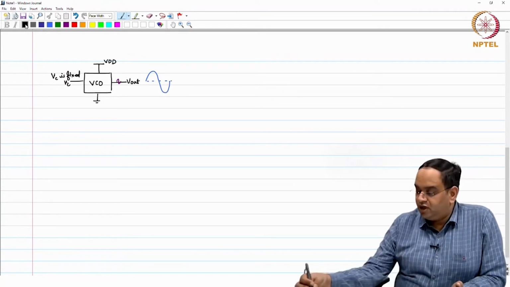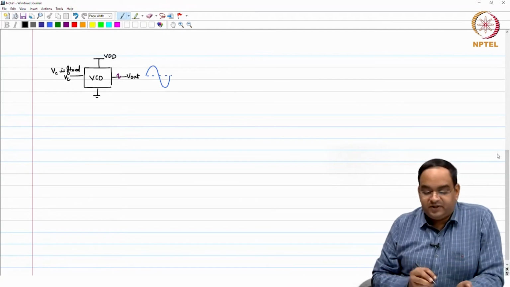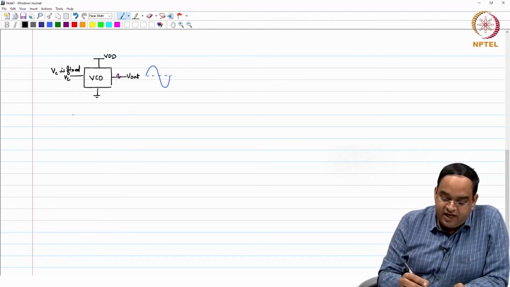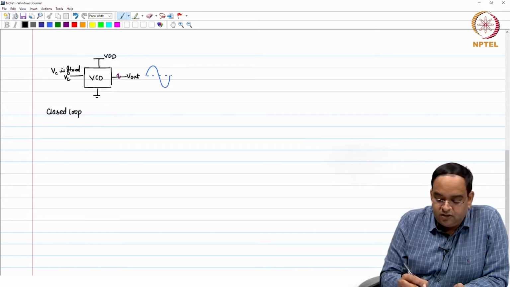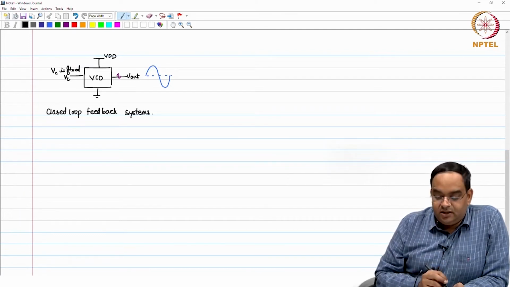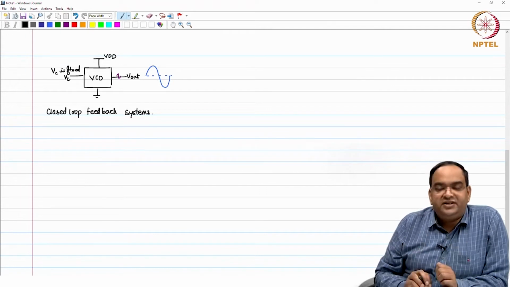So, to understand those systems which are self sustainable even in the presence of disturbances, we have to understand closed loop feedback systems. It is a closed loop system because if you make any disturbance it takes care of it.